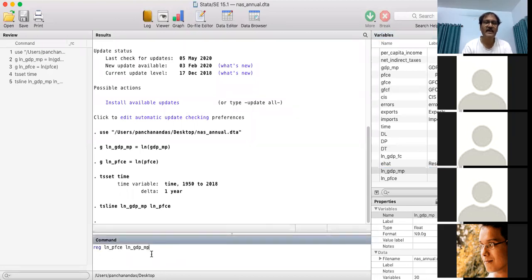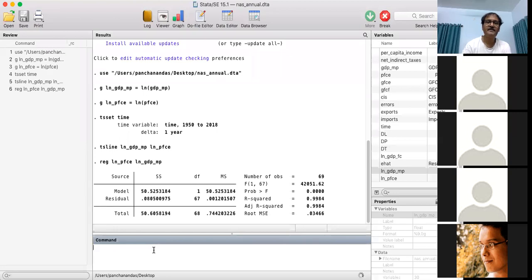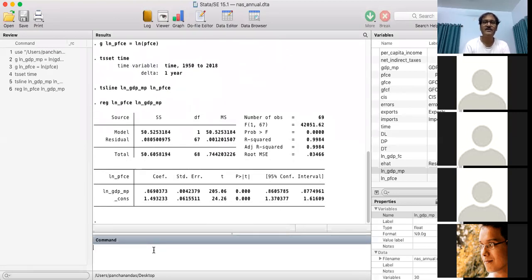So this is the command for linear regression model. So we are estimating first the relationship between log of private final consumption expenditure and log of GDP market price, by considering consumption expenditure as a dependent variable and GDP market price as an independent variable with OLS. So the result looks like this.